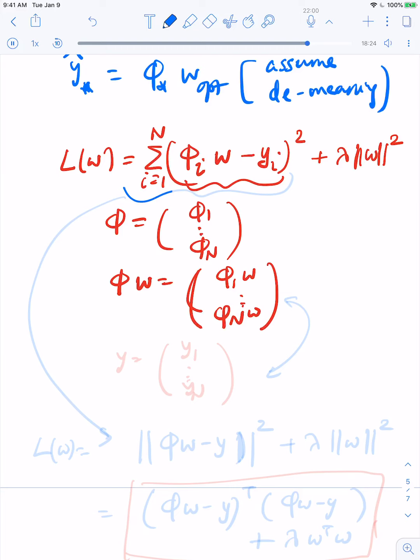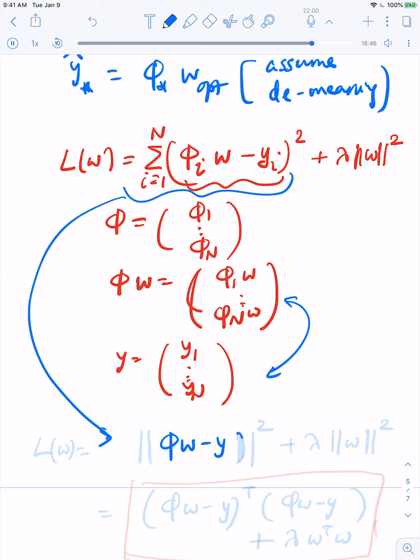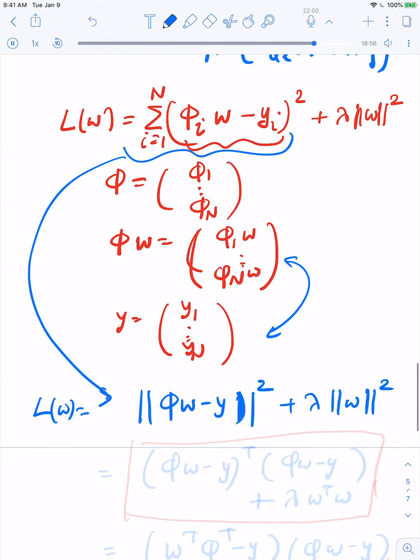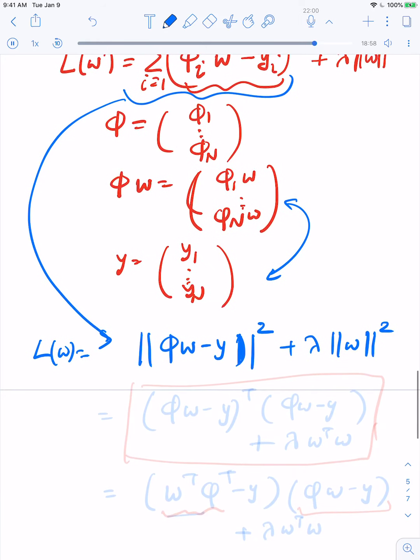Similarly, we know that the target vector is y1 through yn, and we are just taking the term by term error between these two, so that this sum is simply the L2 norm squared of phi W minus y, and then you have the lambda W squared as a regularization term as before. So this is how you would write the loss function in matrix vector form.